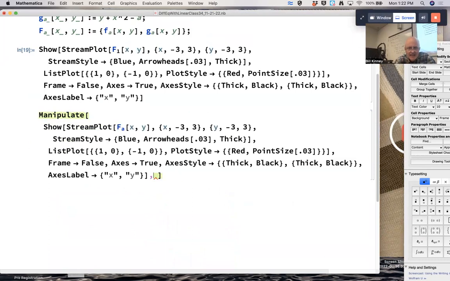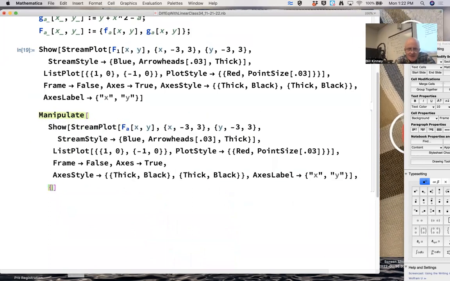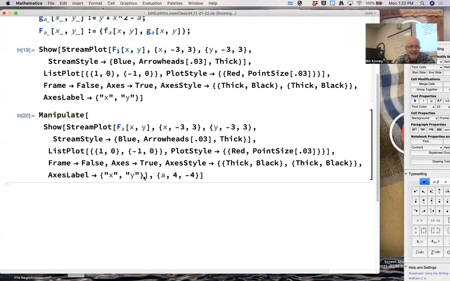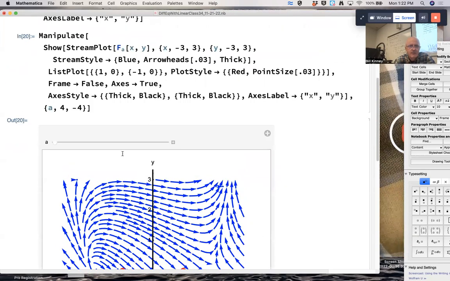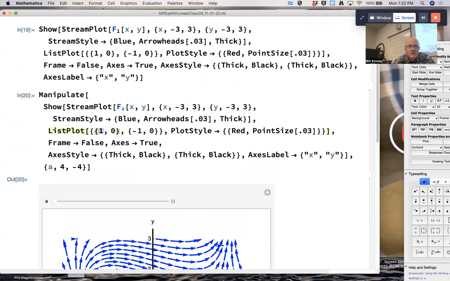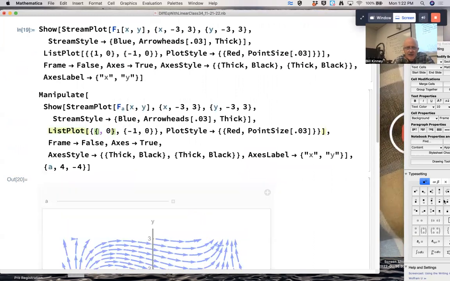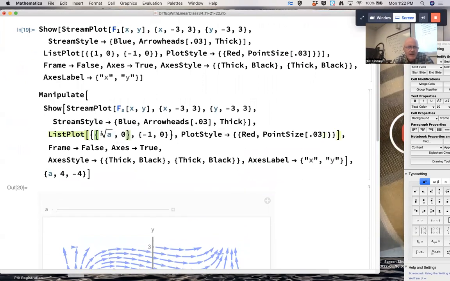And let's actually let a decrease. So I'll start with a to be, say, 4 and go down to -4. Those equilibrium points are on the wrong spot, though, then. Square root of a and negative square root of a.